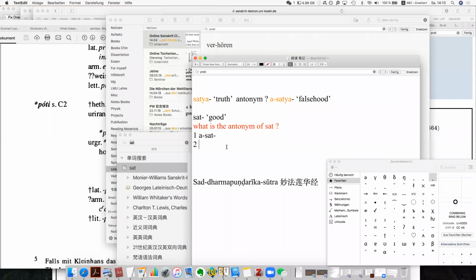So let's make a multiple choice. The first one is asat, the second one is asát with a long a, the third one is both of the above, and the fourth one is none of the above. Please make a choice: 1, 2, 3, 4.